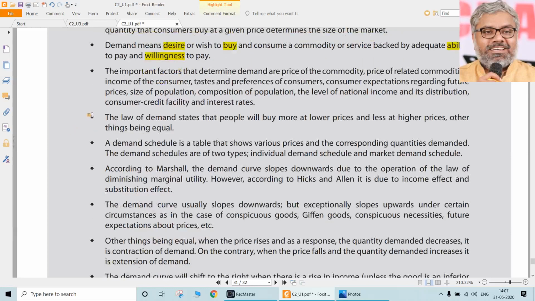Next, what are the factors that will have an influence on the demand? All of them we already discussed.